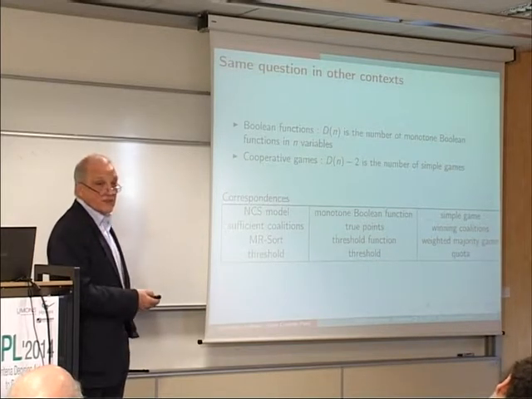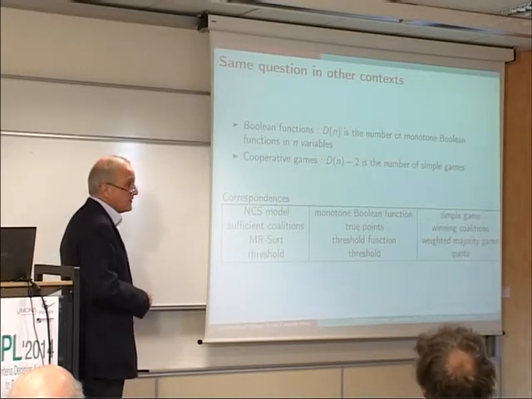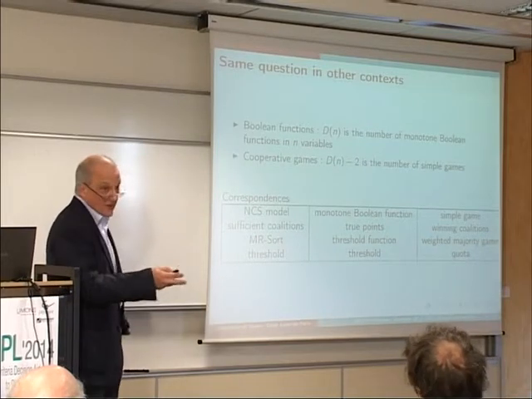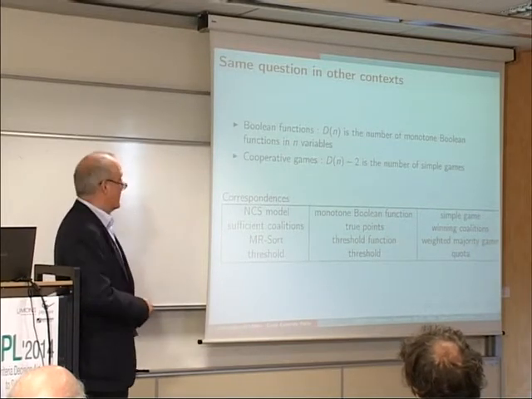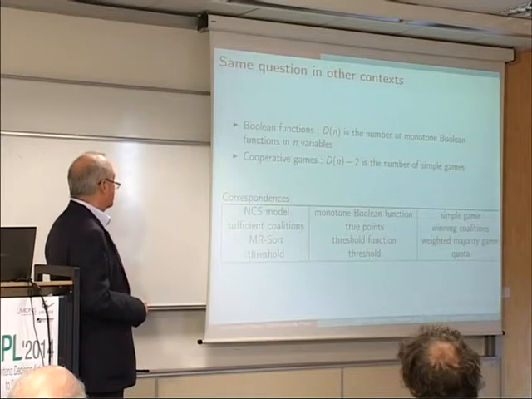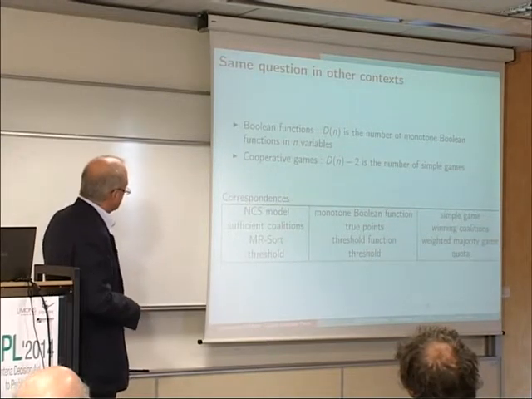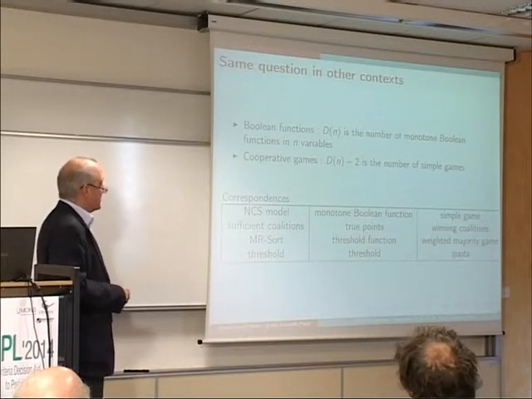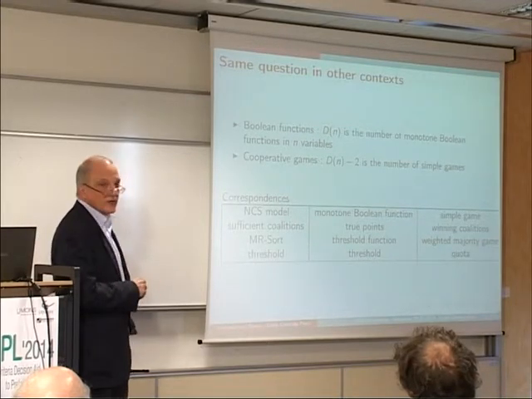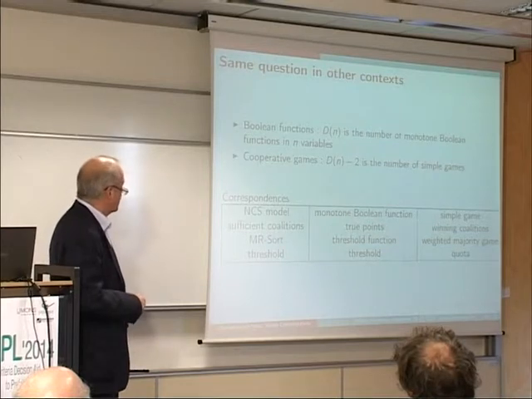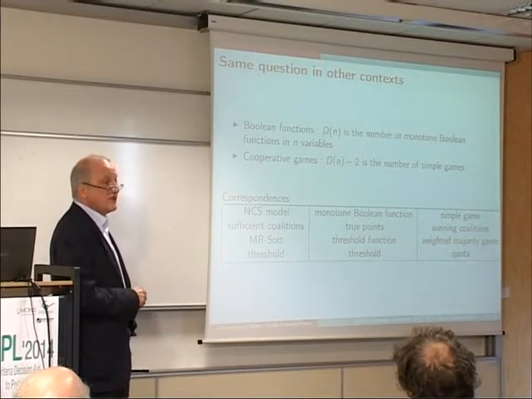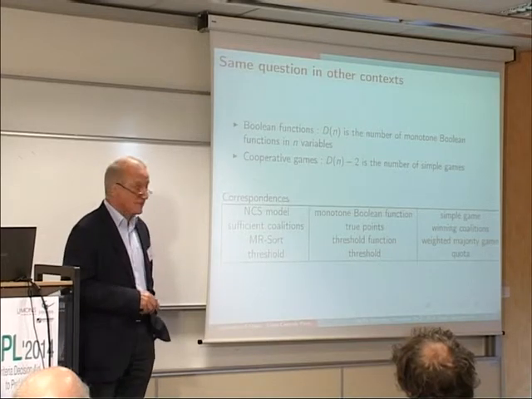Of course, this question arises in many other contexts, as was said yesterday. The Dedekind numbers are also the number of monotone Boolean functions of n variables. In cooperative game theory, it's also the number of simple games.